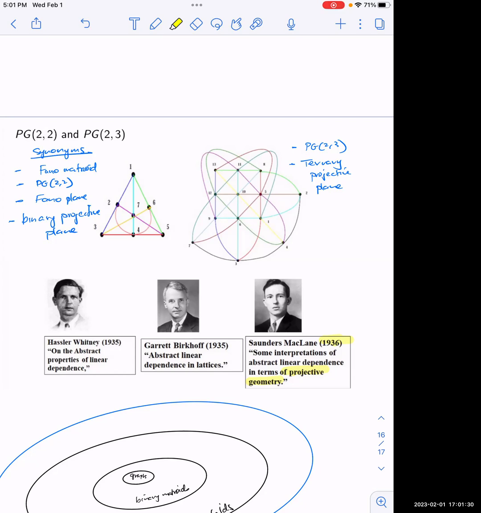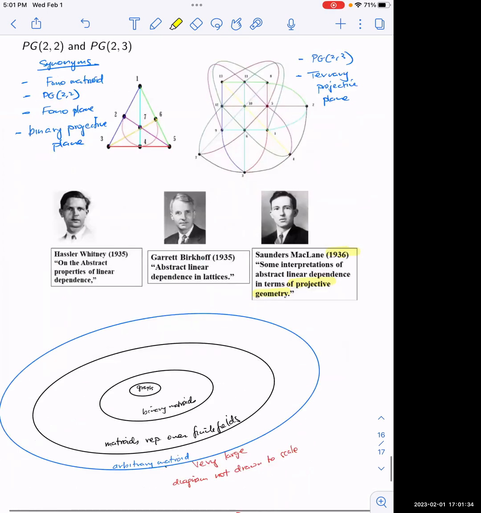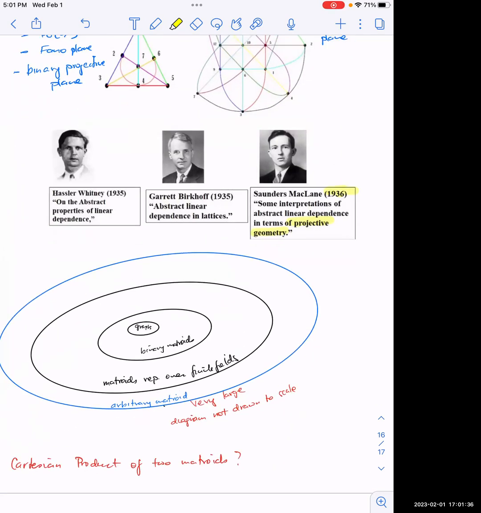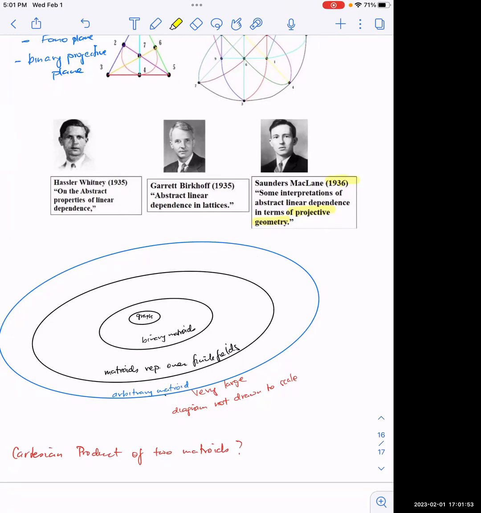So, all the substructures of that. Shortly after Hassler Whitney presented it, Garrett Birkhoff right away said this is just geometric lattices, and Saunders MacLane said this is projective geometry.